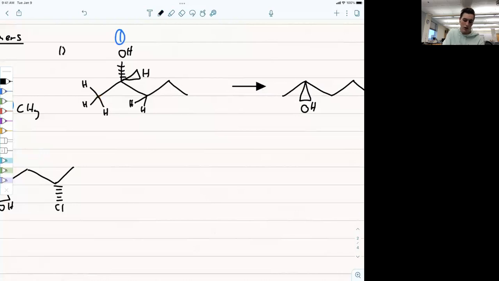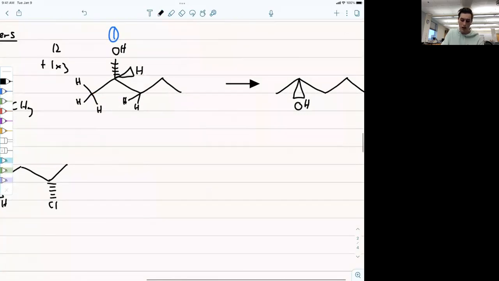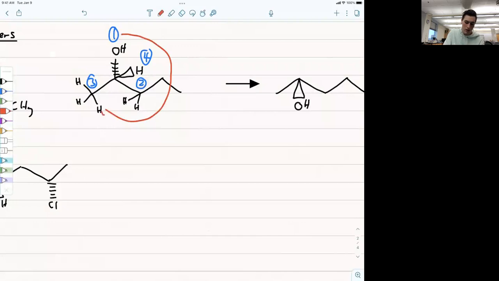So if I were to add 12 plus 1 times 3, or if I come on this side, I have 12 plus 2, and then plus another 15 over here, because I have another carbon attached instead of just 3 hydrogens. This group is going to take my priority. And then hydrogen is the lowest priority because it's the lightest. So in that case, I know that my priority is going to go 1 to 2 to 3. So the way I'll draw that is like this.